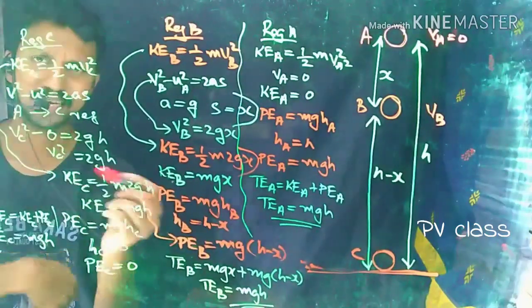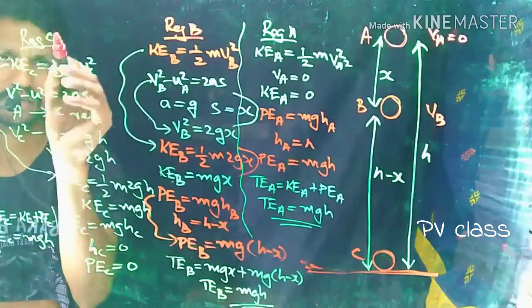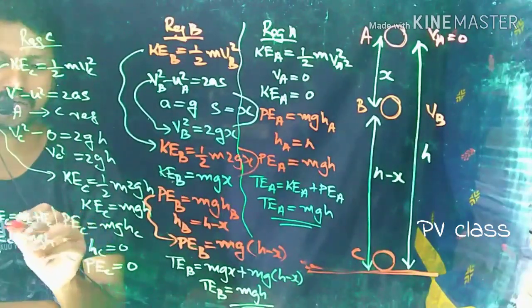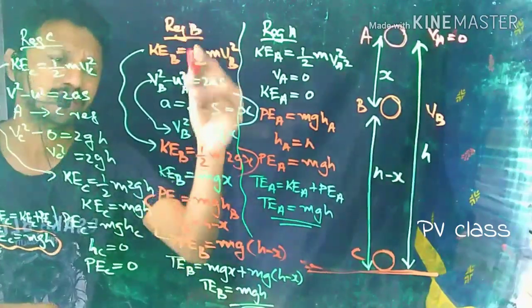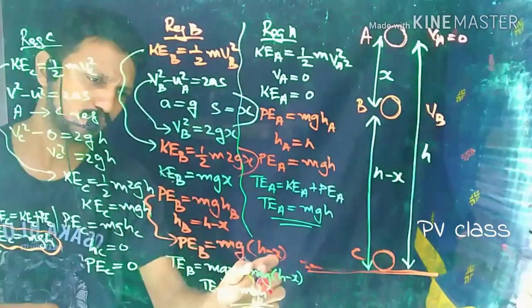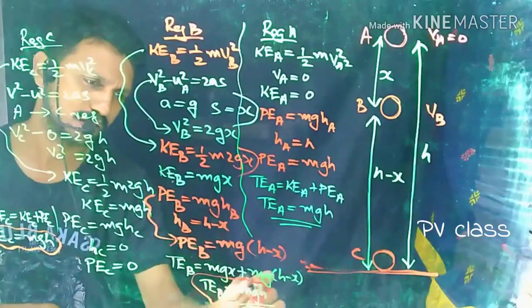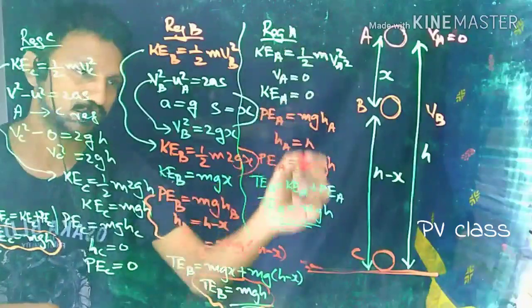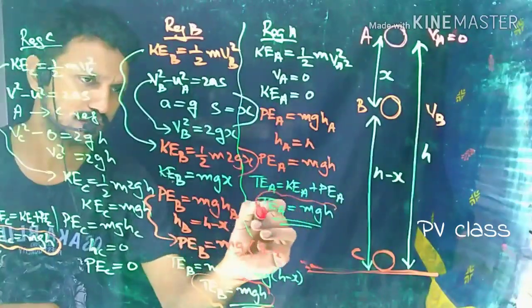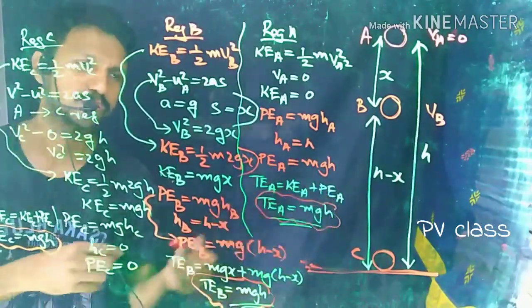Let's analyze the situation. At region C, we are getting total energy as mgh. At region B, we are getting total energy as mgh. At region A, total energy is also mgh.